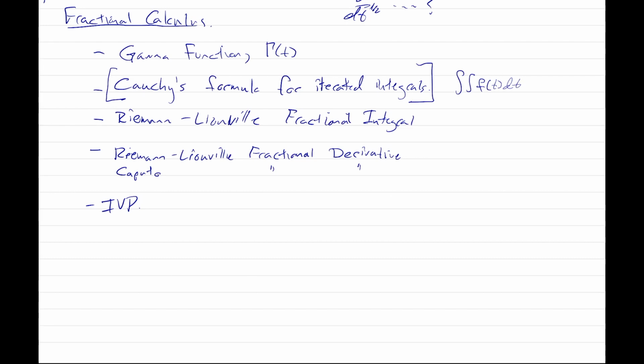Then we're going to use that in combination with integer derivatives in order to make what we call the fractional derivatives, Riemann-Liouville and Caputo fractional derivatives specifically. There's actually a whole slew of these things, but only a handful have really been seriously studied. And then if we have time, I'll talk about some initial value problems with them.